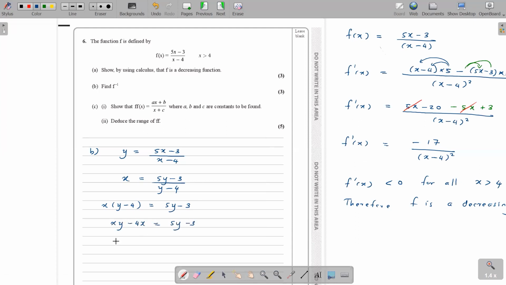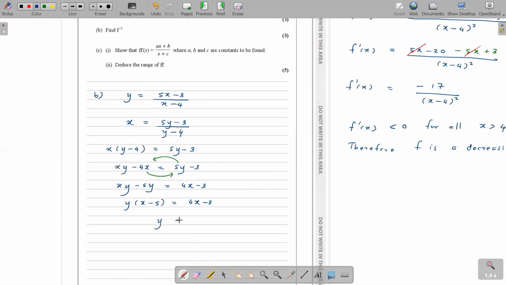Let's make y the subject. I'll take the 5y here and take the minus 4x there. So I get xy minus 5y equals 4x minus 3. y times x minus 5 equals 4x minus 3. So I get here y equals 4x minus 3 over x minus 5. Basically y means the f inverse. f inverse x equals 4x minus 3 over x minus 5.